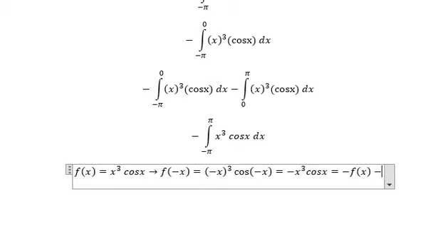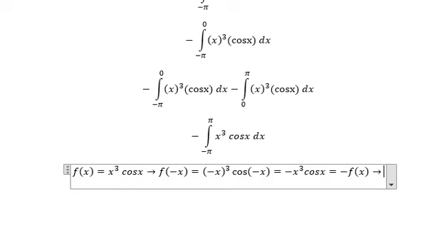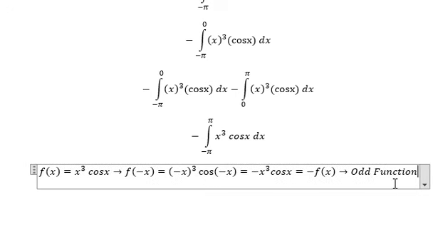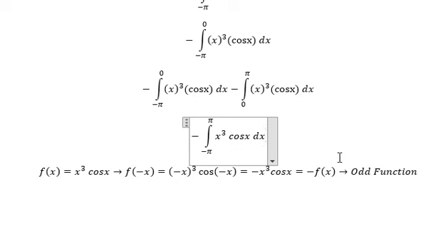That's an odd function, and the boundary is symmetric from negative b to b. So that means we can say this one equals 0. That's it, the end.